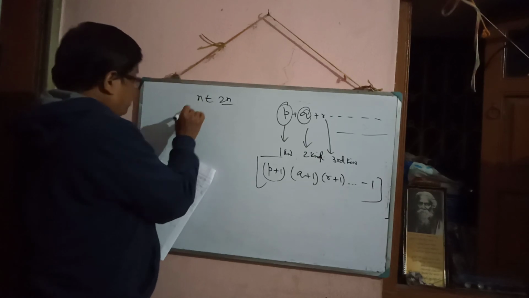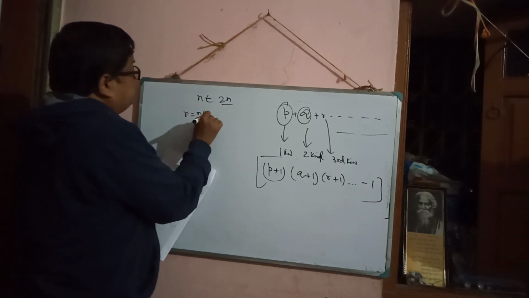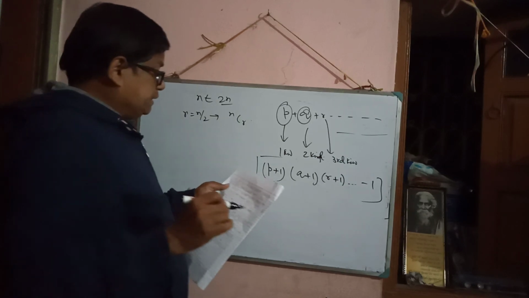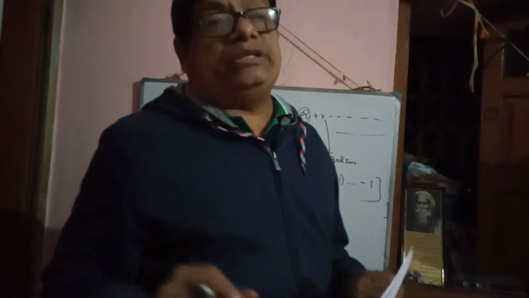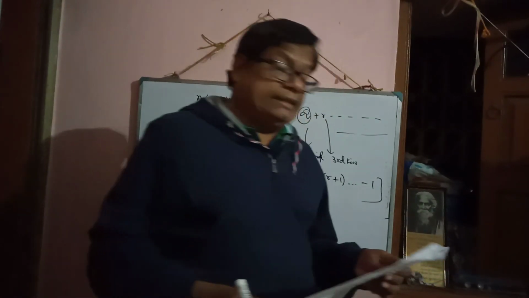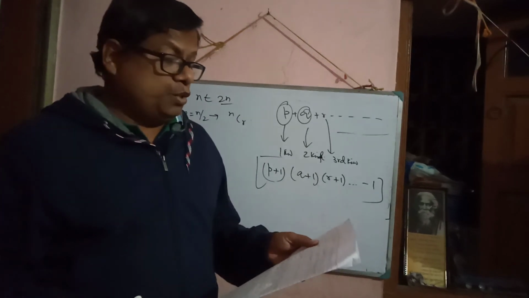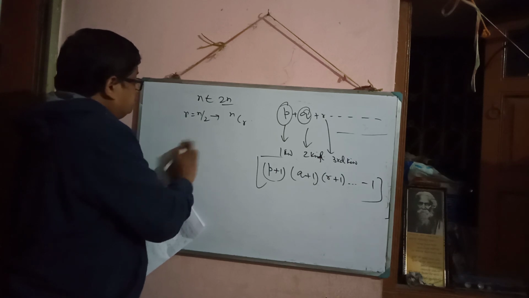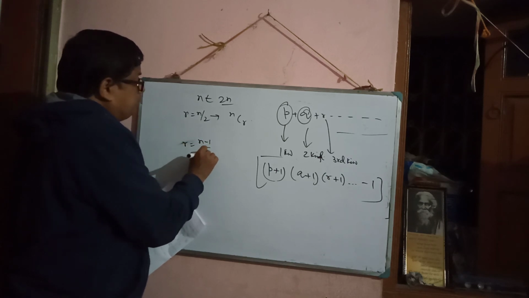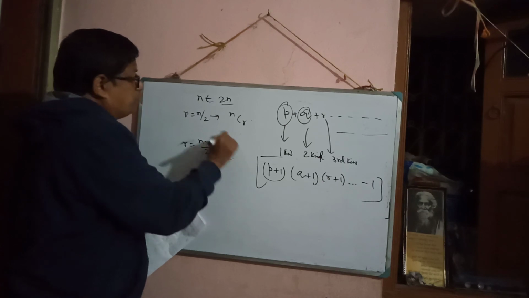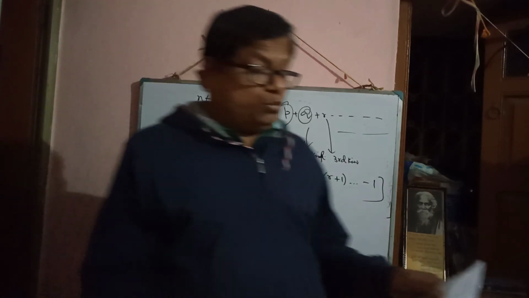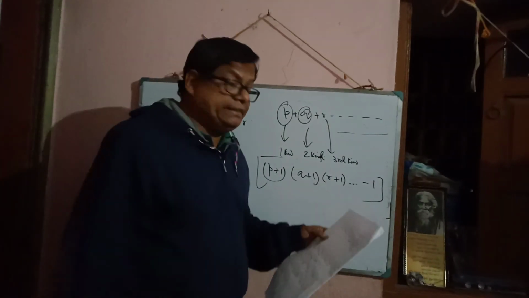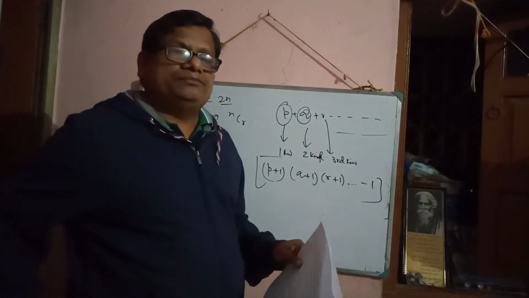And if n is an odd positive integer, then NCR is the greatest value when r equal to (n minus 1) by 2 or (n plus 1) by 2, either one.